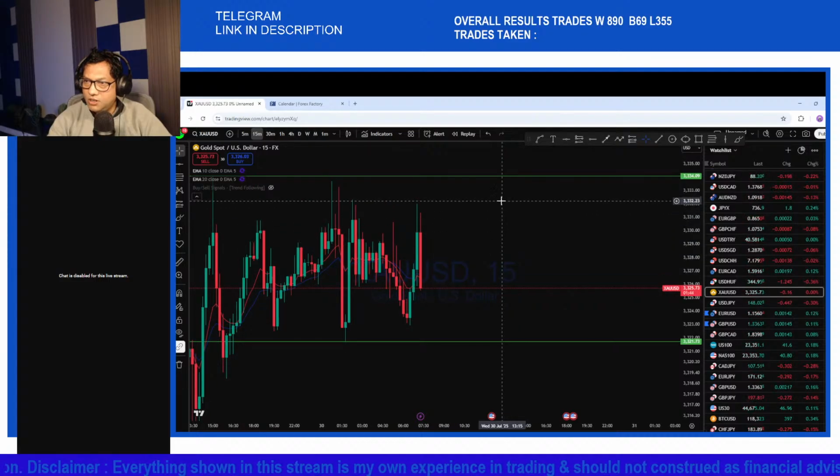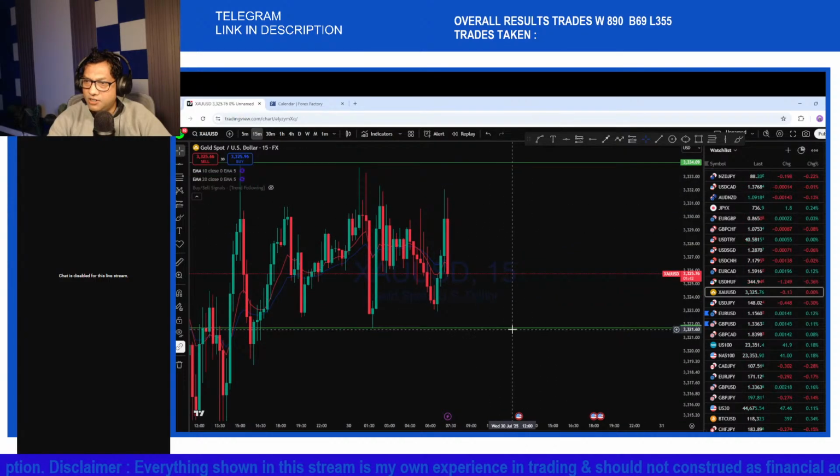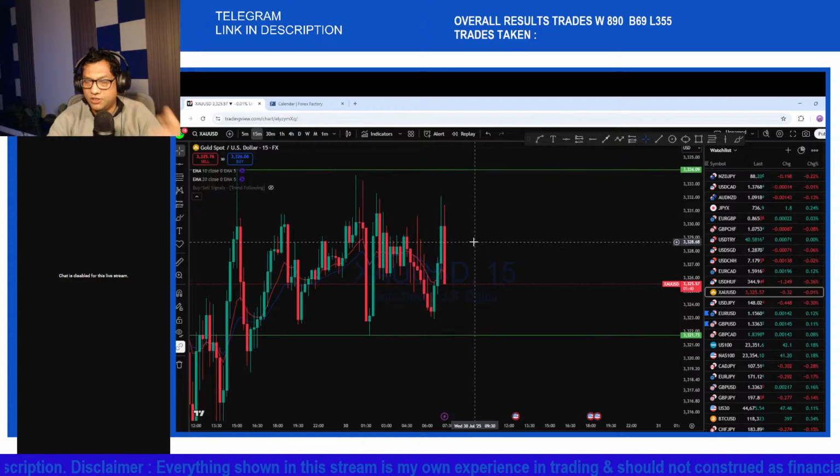Here is a resistance line where the market is maintaining that bearish market structure.